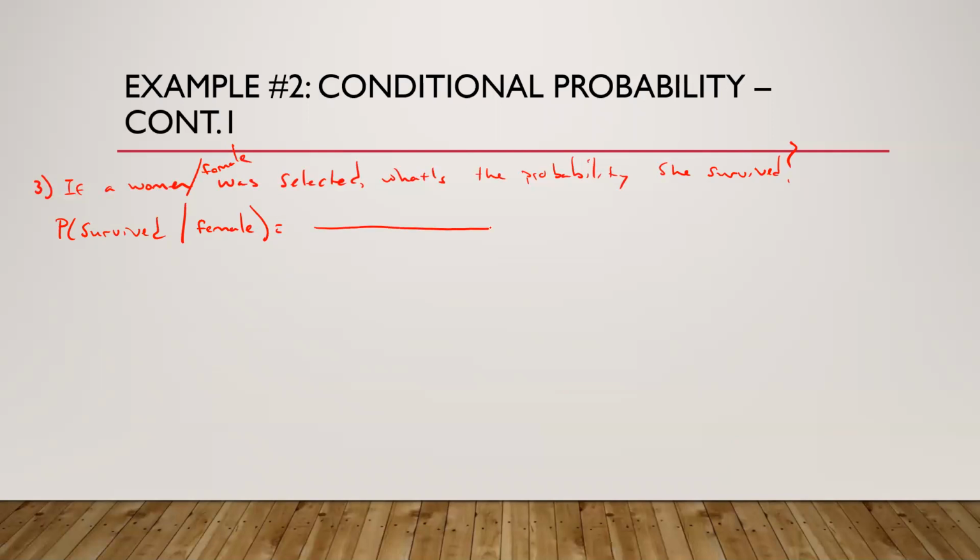So this is just the number of passengers that were female and survived, and I divide by the total number of what? Yep, total number of women or females.